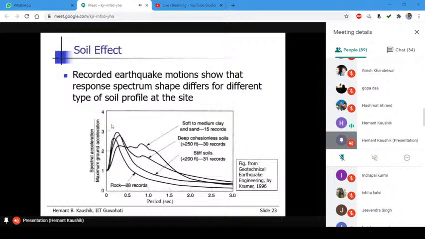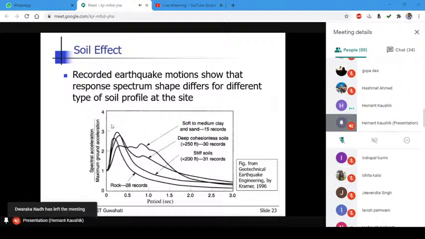Now here again, if you remember yesterday, the response of the structures located in Mexico during the Mexico City earthquake depended hugely on the type of soil. So obviously the response spectrum will also depend on the type of soil on which the structure is located. Here we have tried to develop the response spectrum of the same structure and same earthquake, but located on different soils.